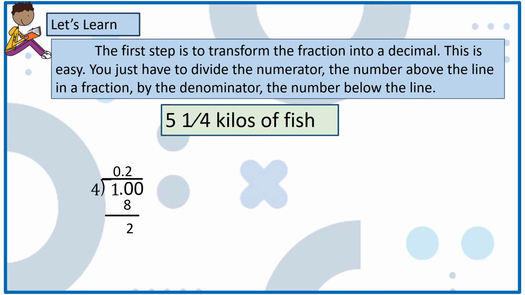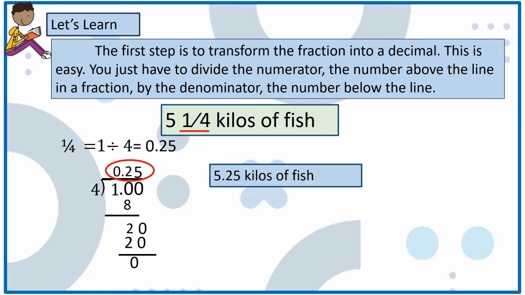Then you need to add 0 again. And 20 divided by 4 is equal to 5. 5 times 4 is 20. 20 minus 20 is 0. It means 1 divided by 4 is equal to 0.25. Okay, 5 1/4 converted to decimal is 5.25 kilos.